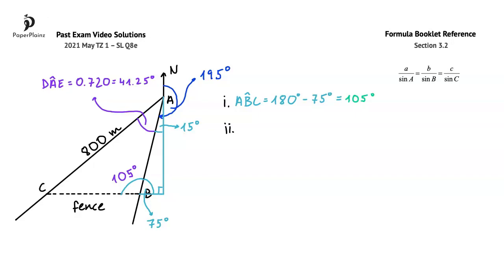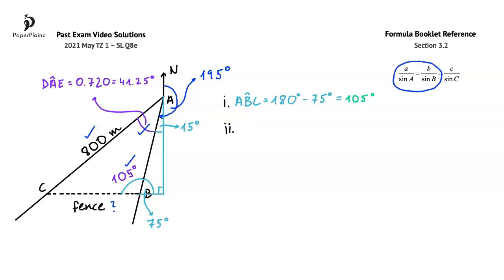So now, in triangle ABC, we have the 800 meters side and the angle opposite this side, and we also have angle CAB, and we are looking for the side opposite this angle. Since we have one side and two angles, which actually means that we have three angles, and we are looking for an unknown side in the triangle, we'll use the sine rule from section 3.2 of the formula booklet.